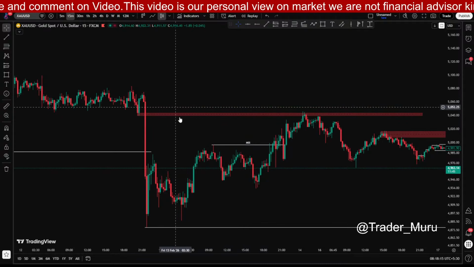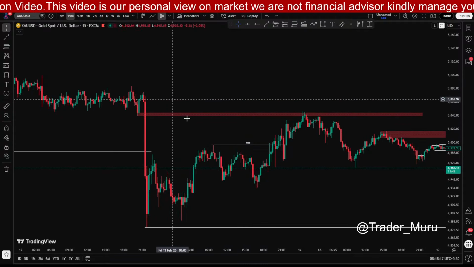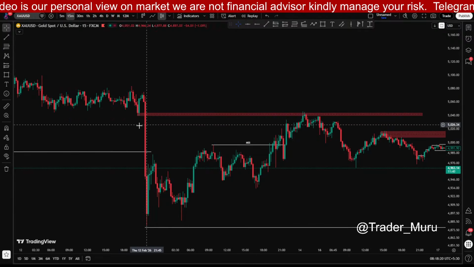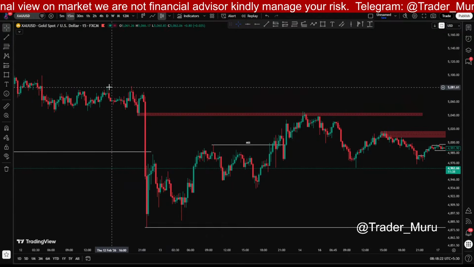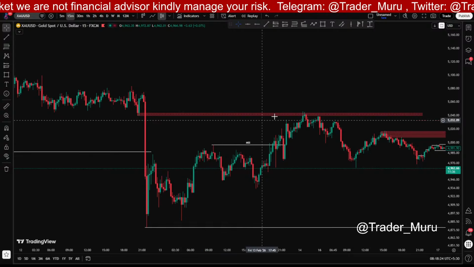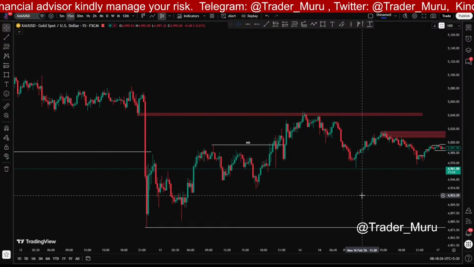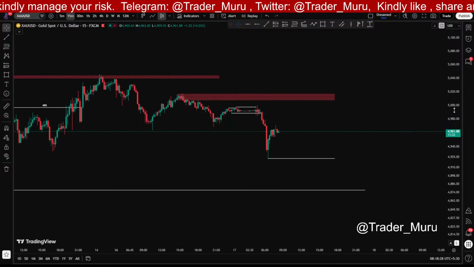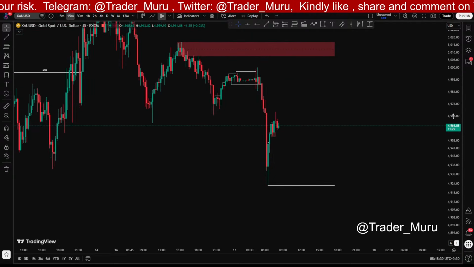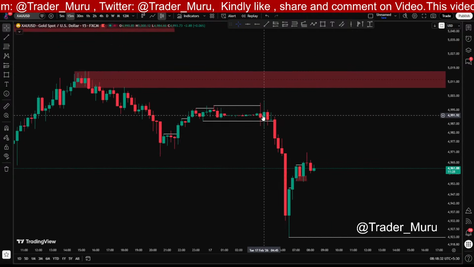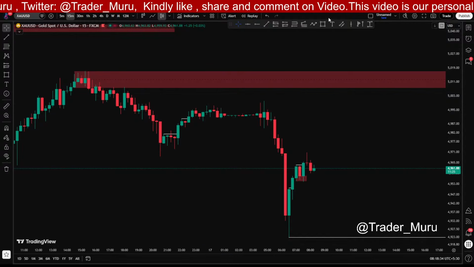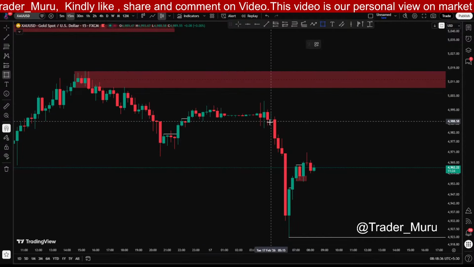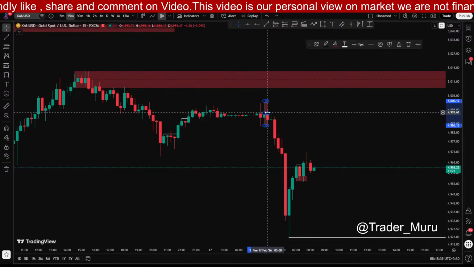So whenever this kind of area is there which is still pending for the test and having a liquidity hunt too, then you should be watching for a short from there. So your possible short zone is this one, this full candle.